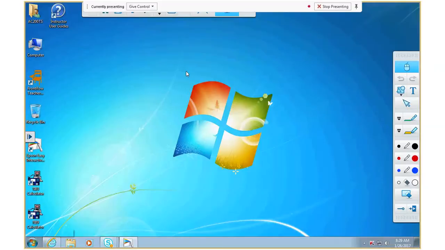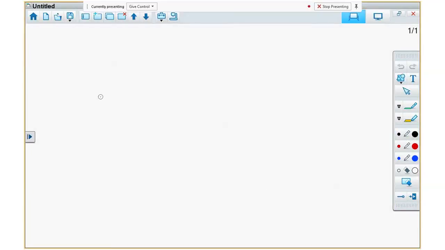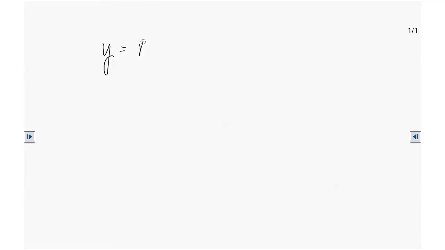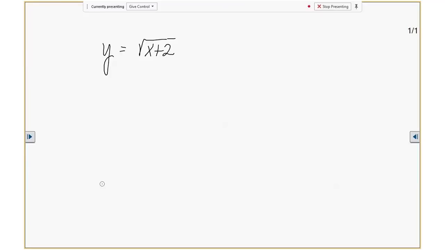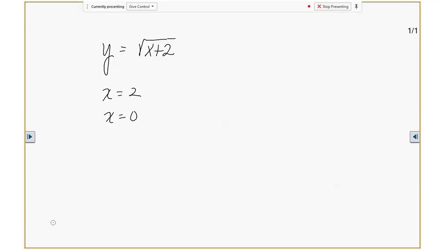Let's go with y is equal to the square root of x plus 2, and x is equal to 2, and x is equal to 0, and y is equal to 1 over x plus 1.